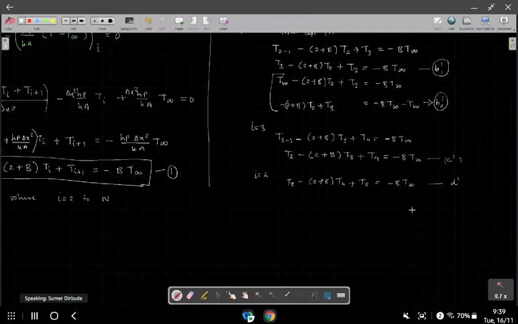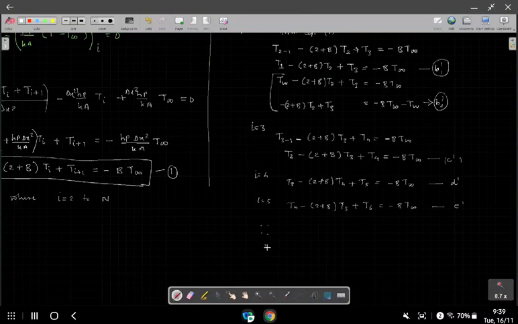You say this is D prime. Similarly, I is equal to 5: T4 minus 2 plus B T5 plus T6 is equal to minus B T infinity, E prime.